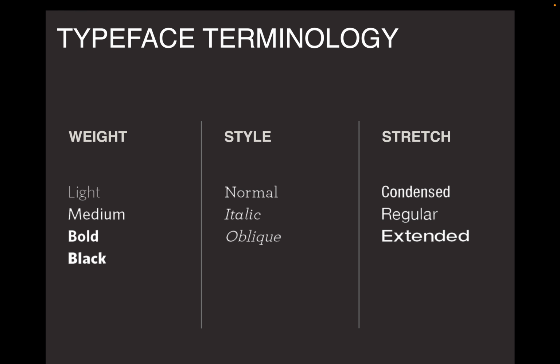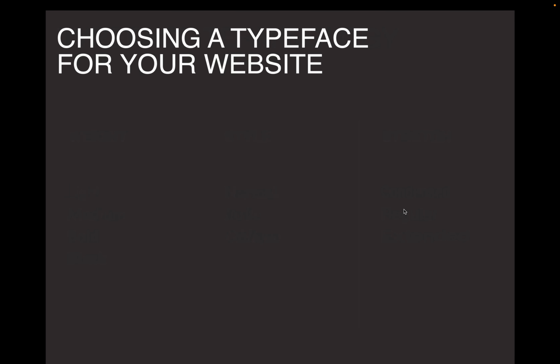And some fonts have a stretch property, which is how condensed or stretched they are. Usually you're going to have a completely different version of the font that is more condensed or more extended, or you'll have to get a completely different font, but this is a property of the font in general.